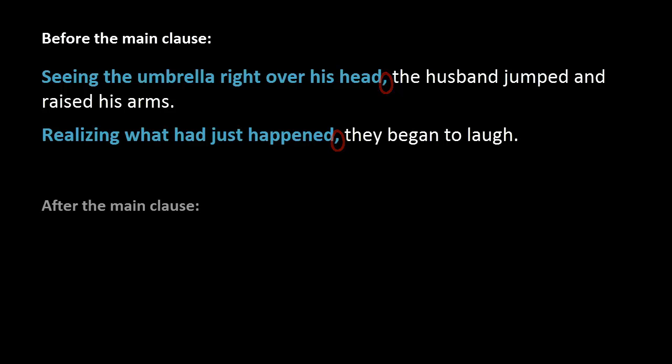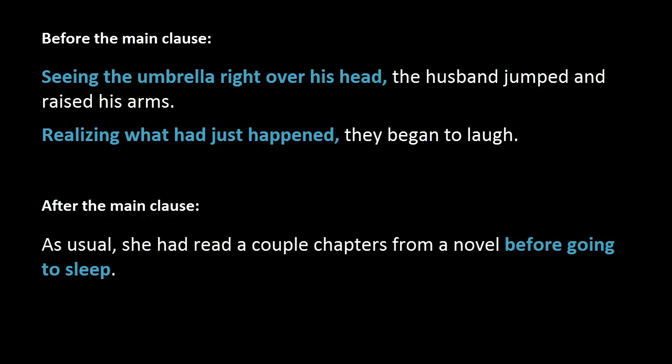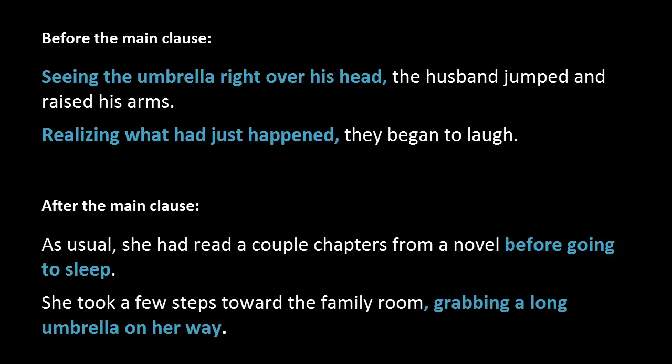Now compare those examples to these. I have 2 more lines from the story. As usual, she had read a couple chapters from a novel before going to sleep. She took a few steps toward the family room, grabbing a long umbrella on her way.